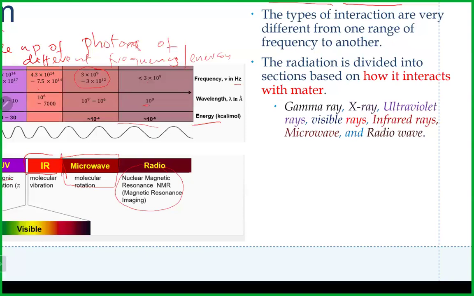So what we are saying here is that electromagnetic radiation is separated into a spectrum based on how it interacts with matter. It's not like it's something that came from the skies or heavens.